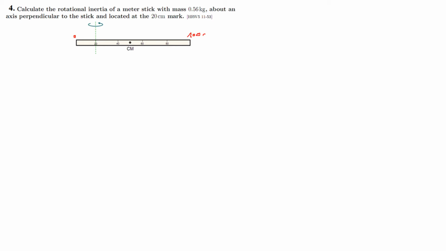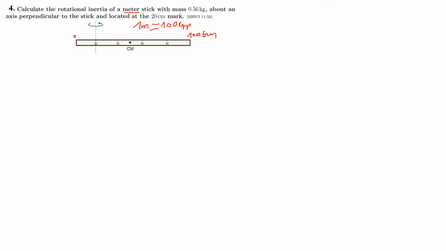These marks are given in centimeter, and we know that the stick has a length of 1 meter, and we know that 1 meter is equal to 100 centimeters. It's the reason why we need to plot our stick with dimensions from 0 to 100 in centimeters.